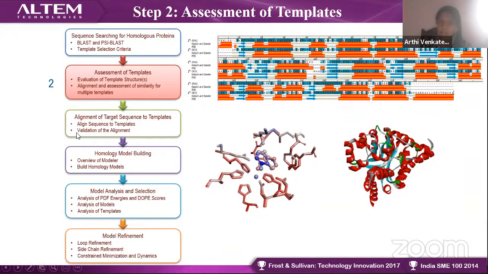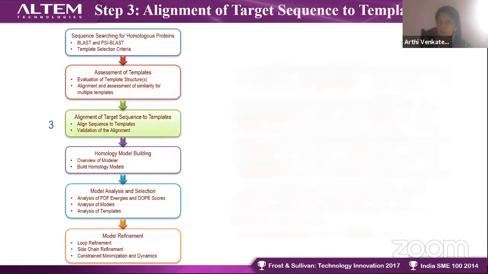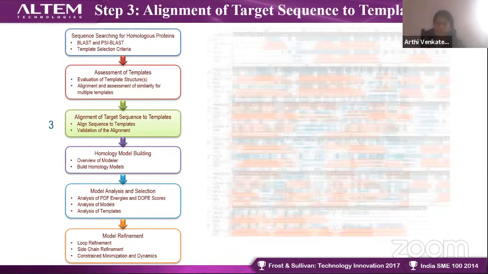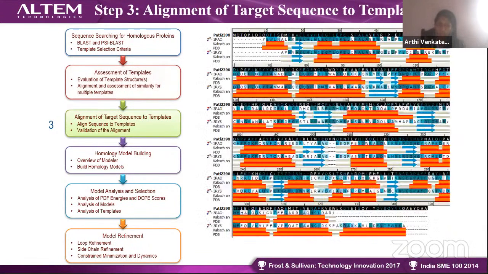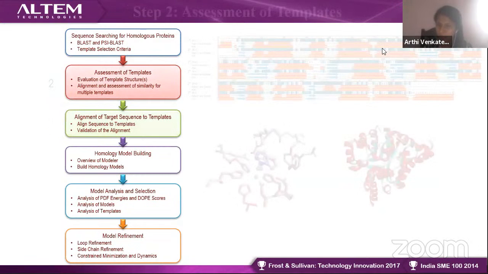Apart from that, the third step in homology modeling is you need to align your target sequence based on the template. You'll be aligning your sequence to the template and validating the alignment. Say, for example, you have your sequence and you have to check for the template. You have already got your template structure here.